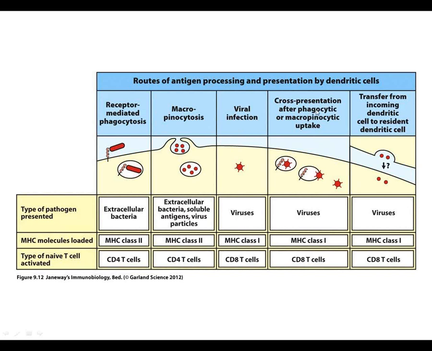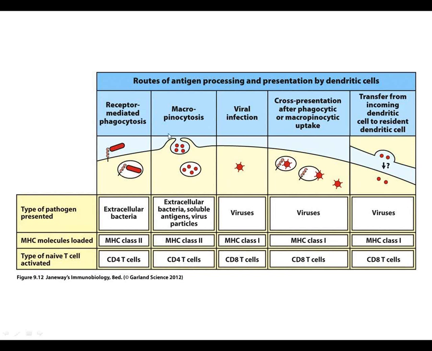But then dendritic cells, and this is another tricky detail, can do something called cross-presentation. This is interesting because the virus gets engulfed, whether by macropinocytosis or by receptor-mediated phagocytosis.